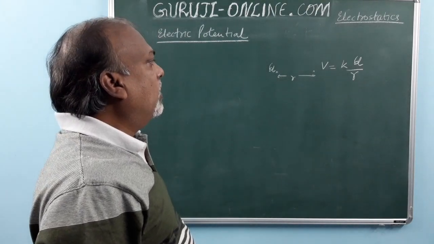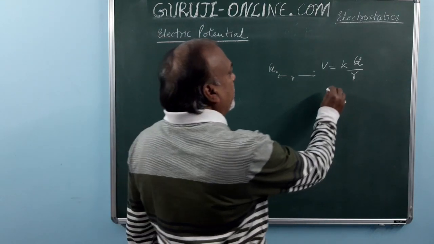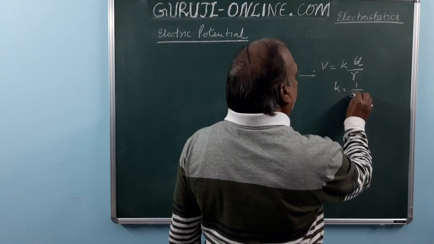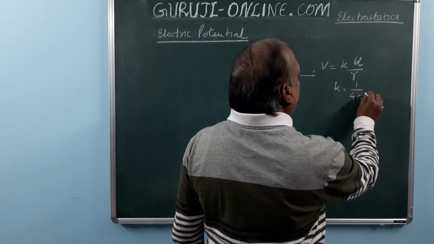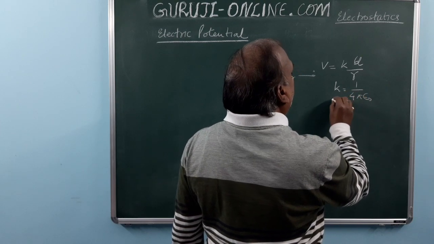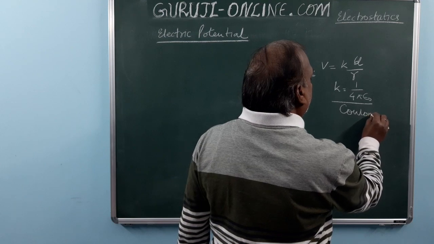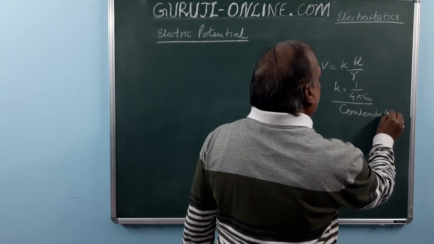This you already know, where k is 1 by 4 pi epsilon 0. This is also called Coulomb's constant.